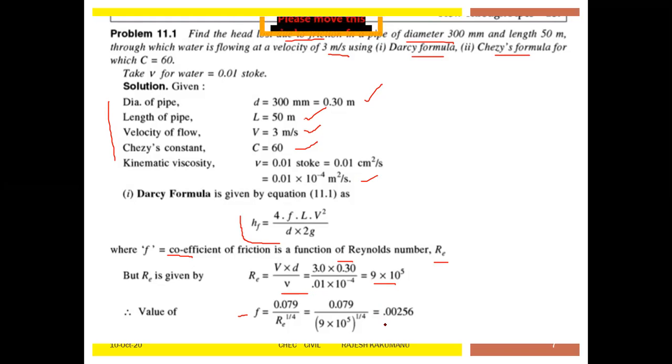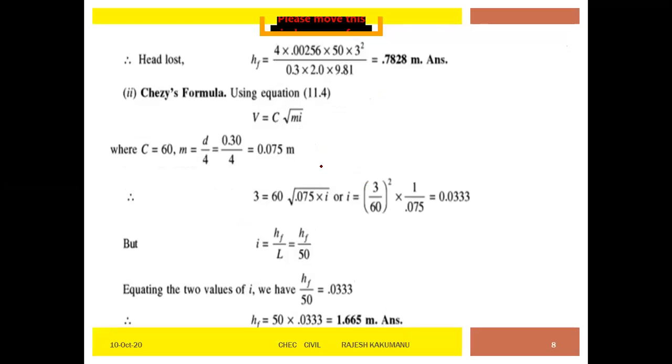Therefore, the value is F equals 0.00256. Now, substituting all the values here, HF is equal to 4 into 0.00256 into 50 into 3 square divided by 0.3 into 2 into 9.81. Therefore, head loss here is equal to 0.7828 meters.